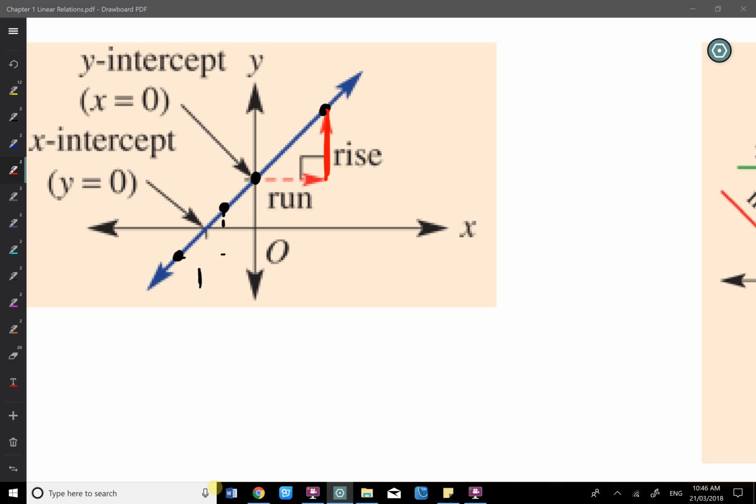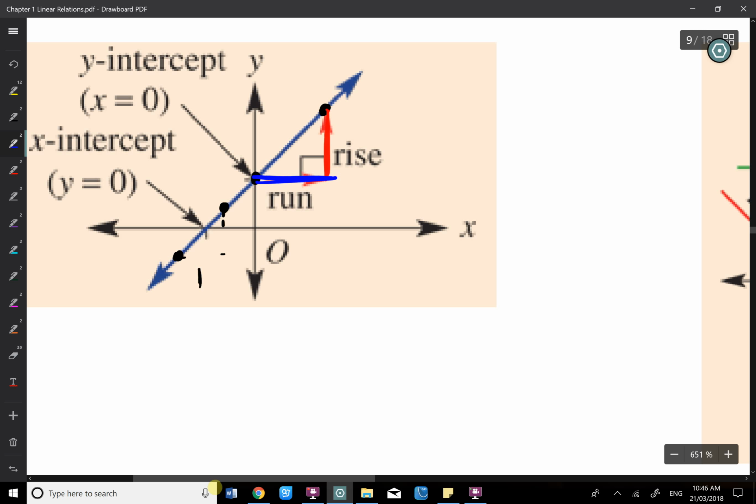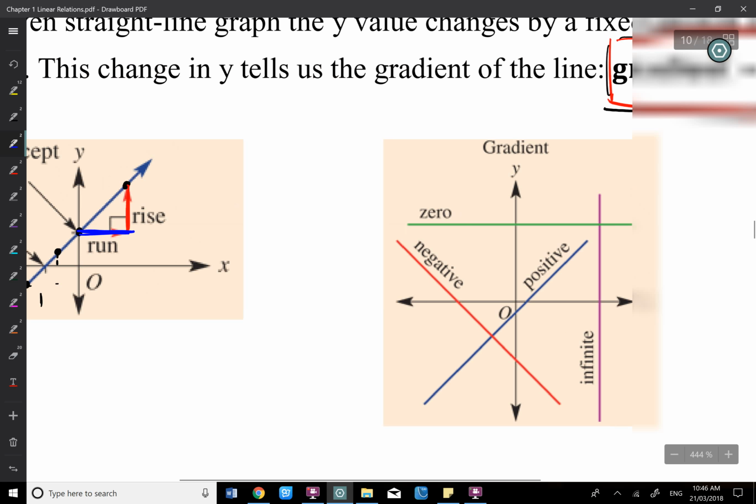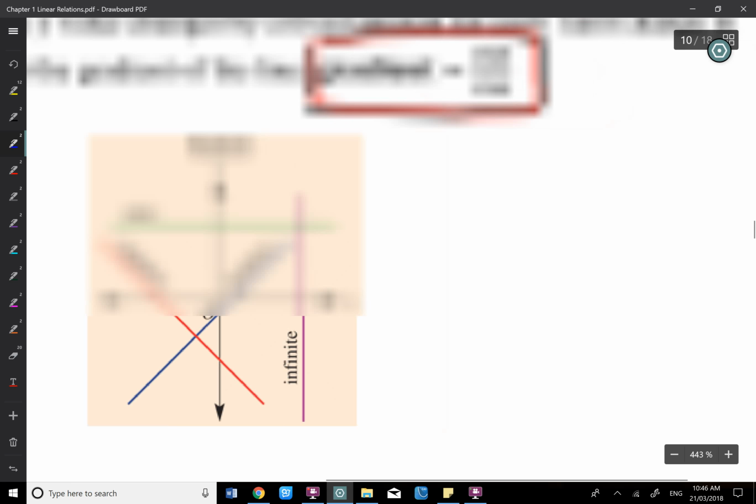And the run is how much your horizontal x value changes. So from the left-hand side point to the right-hand side point, how much gets changed in the x. That's the run. And the rise is the vertical increase or decrease. So the rise over run gives you how much y changes in each unit x change. So that will give me the gradient.